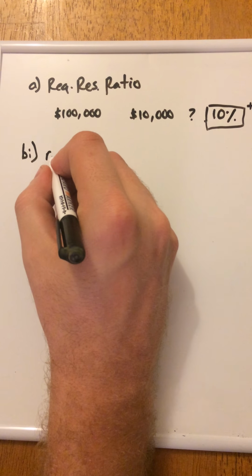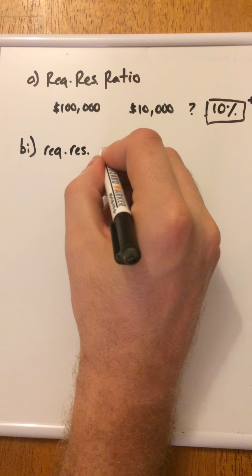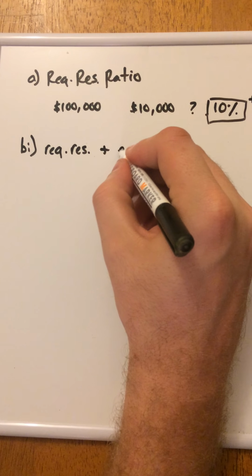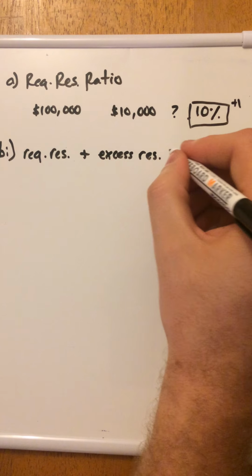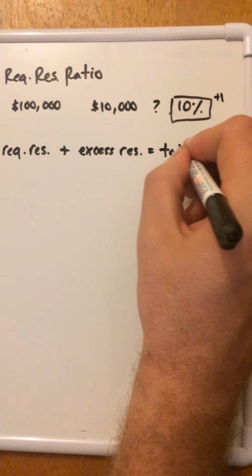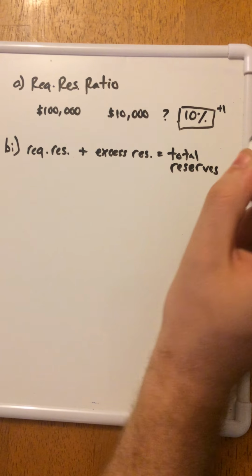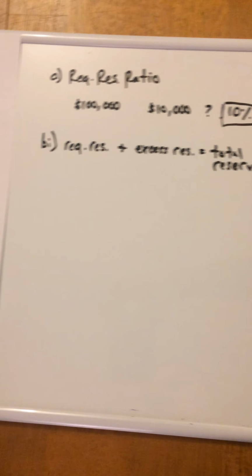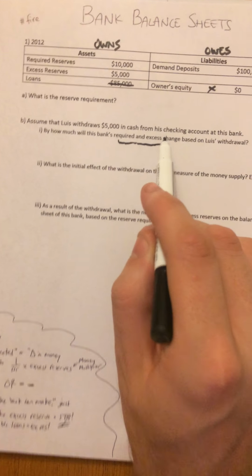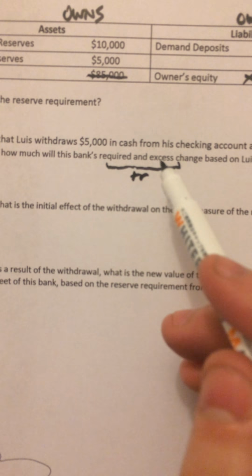But we know that the required reserves plus the excess reserves are called the total reserves. It's really annoying. So we can think about this right here like total reserves. Required and excess reserves are the same thing as total reserves.